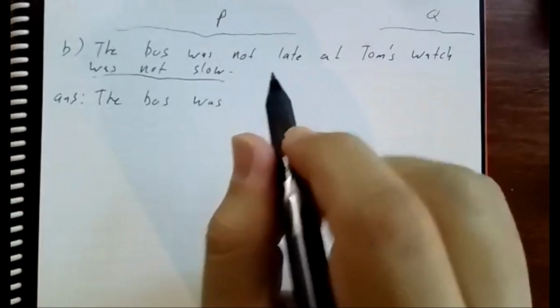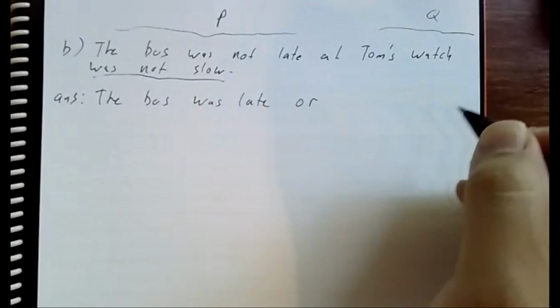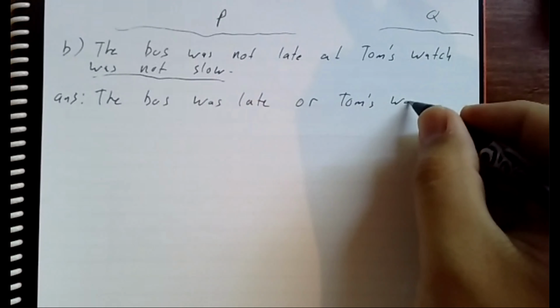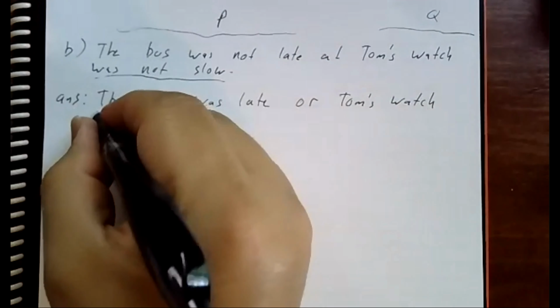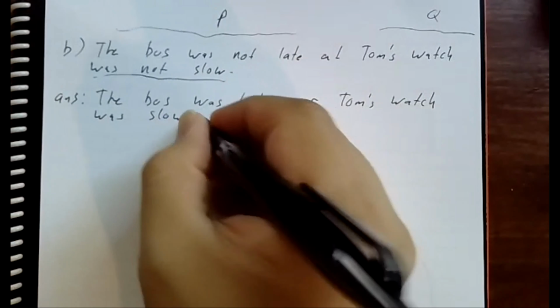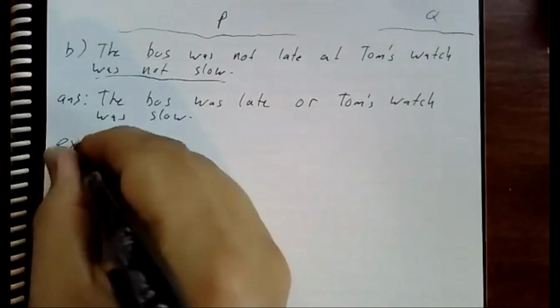So the bus was late, and you said "or," right? This has to change: or Tom's watch was slow. It's not too bad, right? So that's De Morgan's law applied to these English statements. Okay. So now let's apply it to some inequalities, some math symbols.